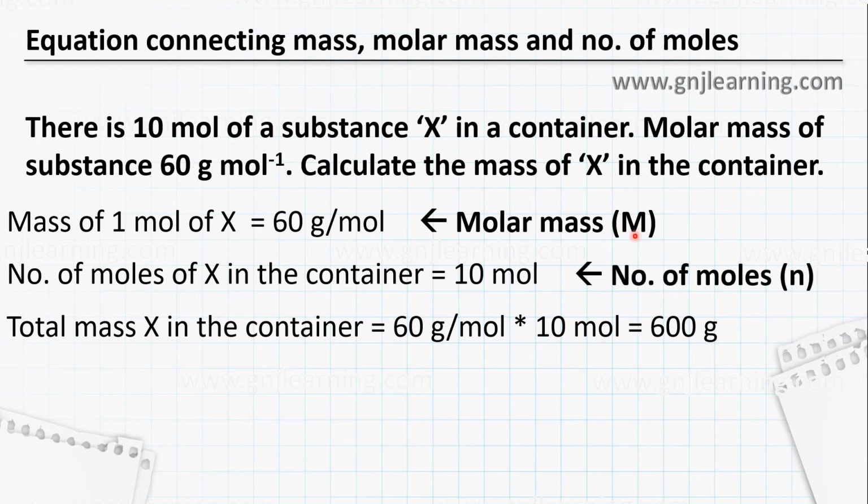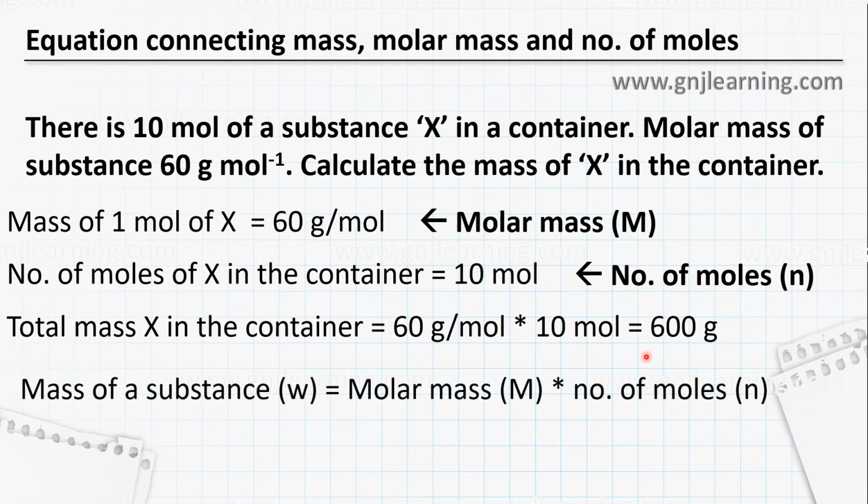Molar mass is represented as capital M and number of moles is represented as n. If you multiply molar mass with number of moles, you will get the total mass of the compound. So the mass of the substance W in the container is equal to molar mass capital M into number of moles small n. So you can write it like this: W is equal to M into n.